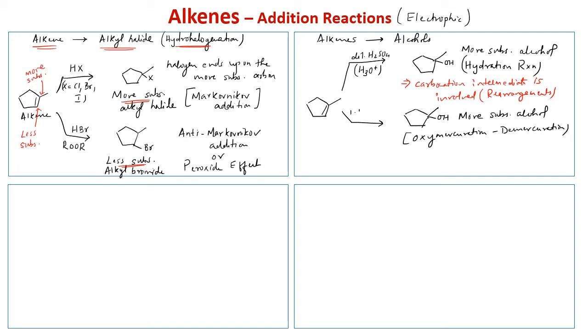And what we do here is we react with mercuric acetate using water as a solvent. That's the first step. And in the second step, we reduce with sodium borohydride. So when you do this reaction in 2 steps, you get the same alcohol as your product. So it is the more substituted alcohol.